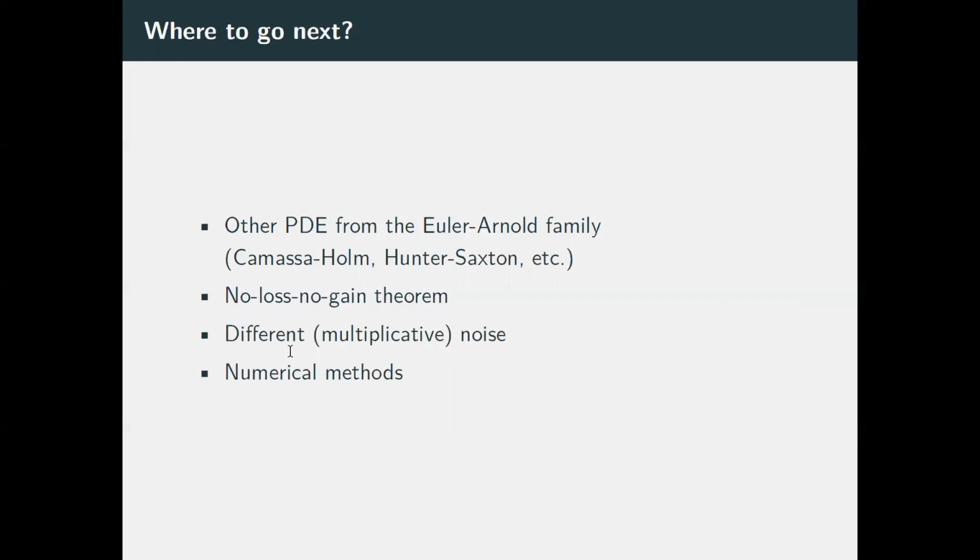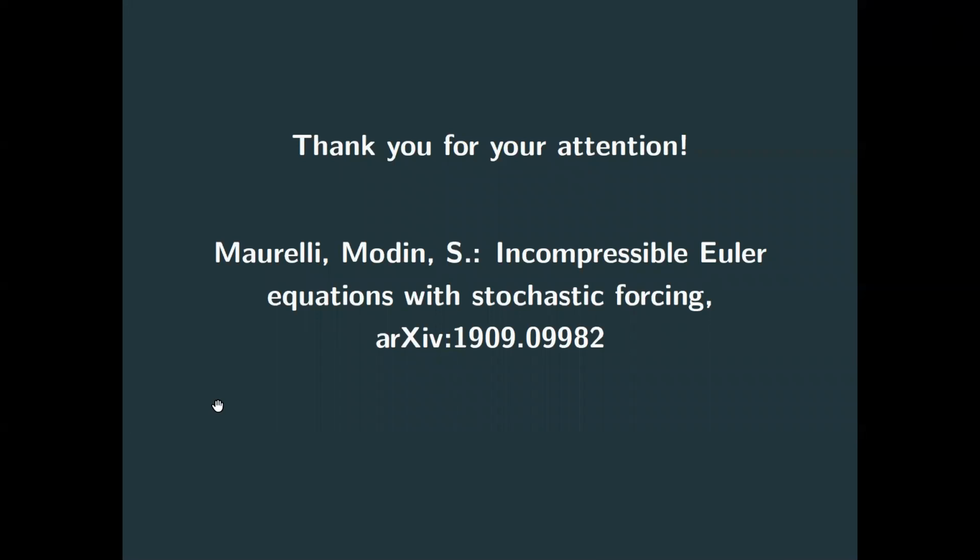Then obviously one wants a different multiplicative noise, which is more interesting than the purely additive one we had there. And finally, we have some ideas of how to derive from this geometric setting numerical methods, like spectral methods for stochastic Euler's equation.